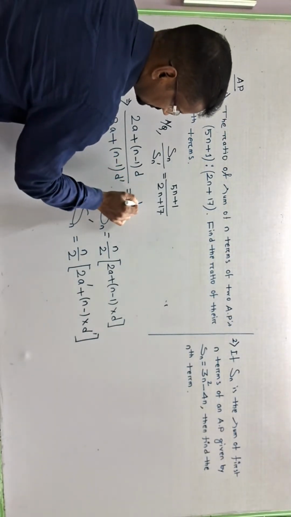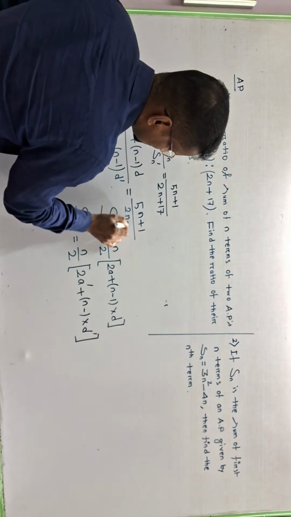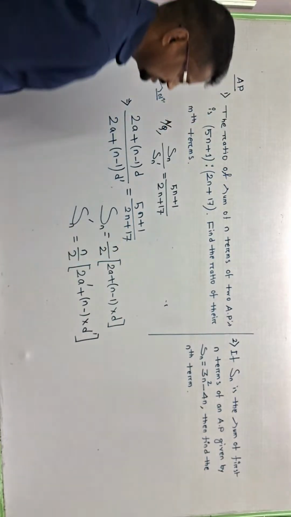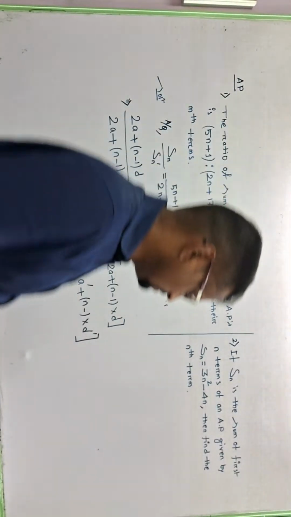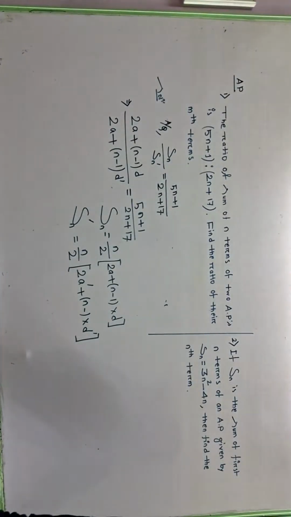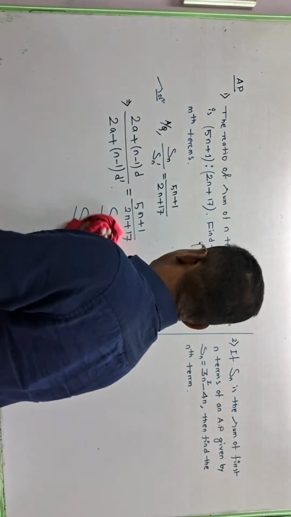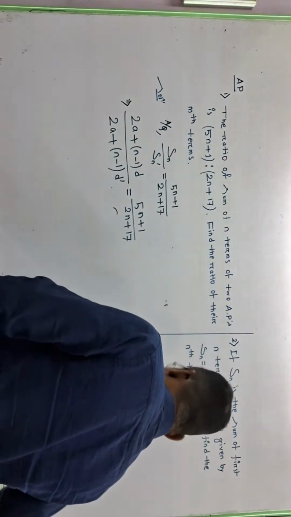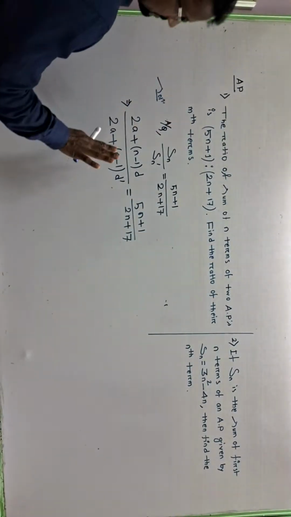That's equal to 5n plus 1 divided by twice n plus 70. So this relation you obtained, and from here we can find out the ratio of mth terms. The main turning point of this problem is here.